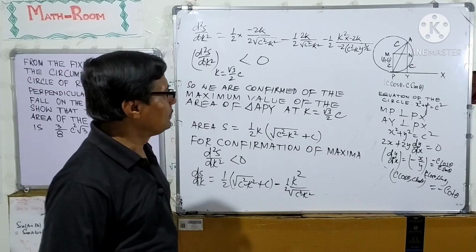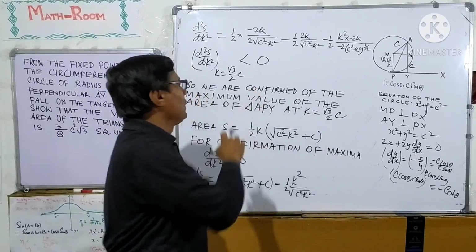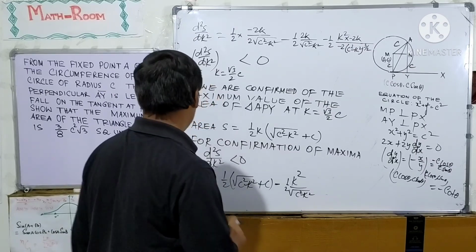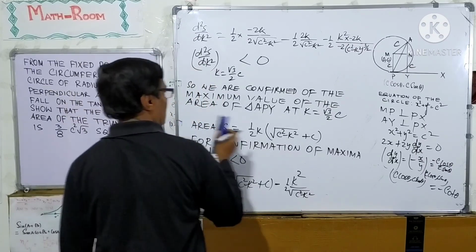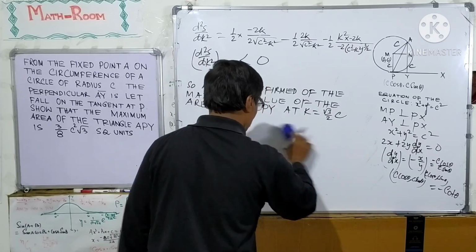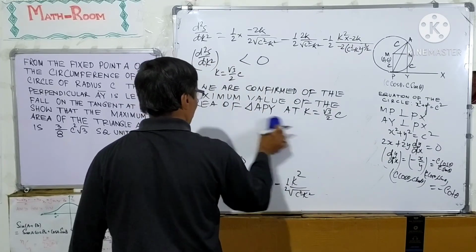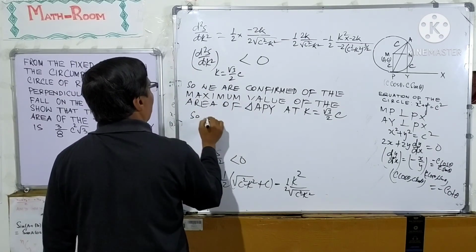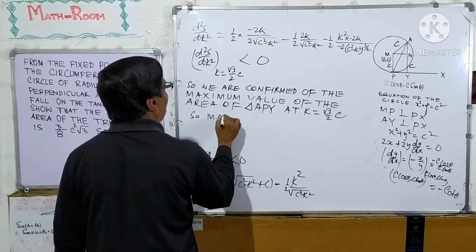At k equal to root 3 over 2 into c, the area of the triangle APY is maximum. So, maximum value of the area of the triangle APY.